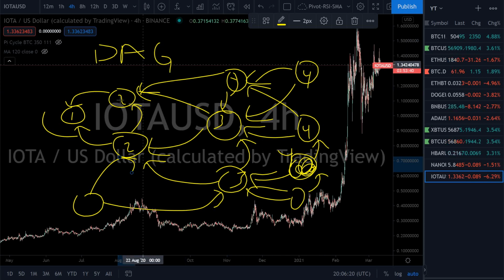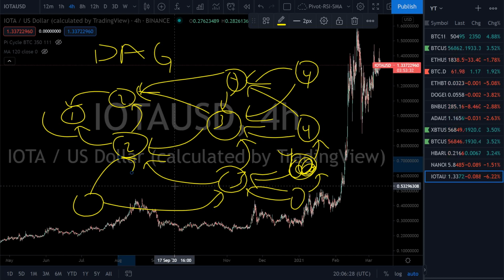over time at the center, so the original transactions get confirmed, much like the Bitcoin blockchain. If you recall, the further back your transaction, the more times it's been cryptographically signed and then linked to the next, the harder it is for an attacker to go back and change that transaction in the past, because they not only have to change that transaction and then sign it, they have to catch up with the network and overtake the network.